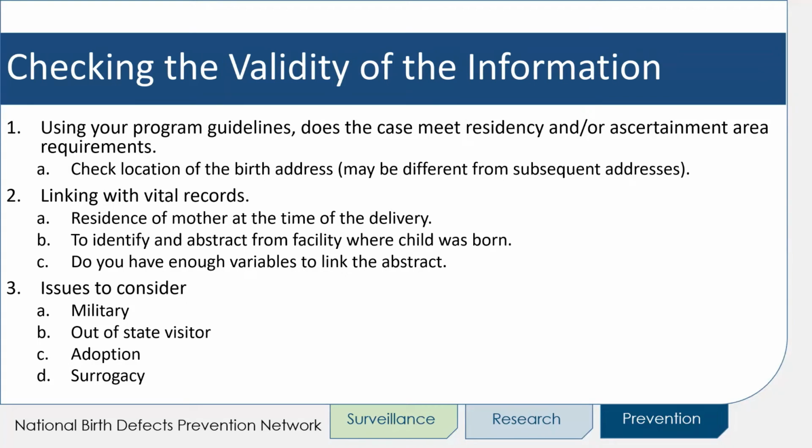When linking with vital records, keep in mind that mothers might move around between conception, the date of birth, and even after the date of birth. Distinguish between the address used during prenatal care and the address used at the time of birth. Confirm with your program on how to establish the ascertainment area.